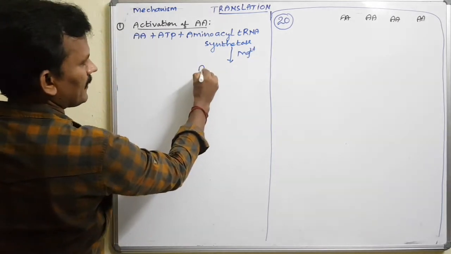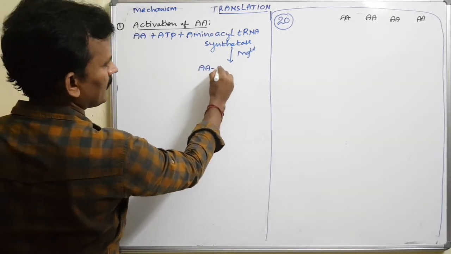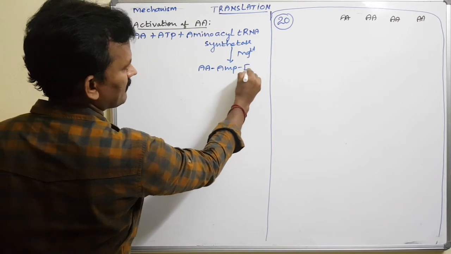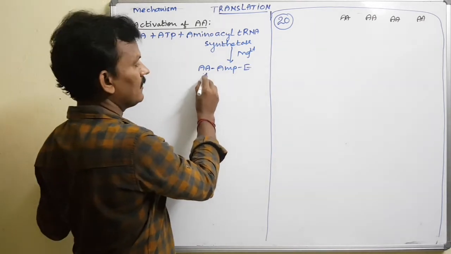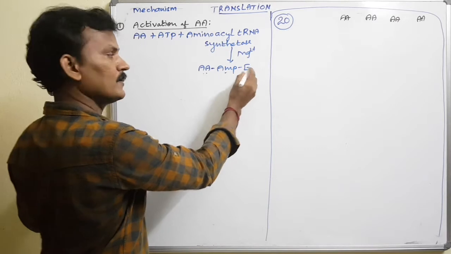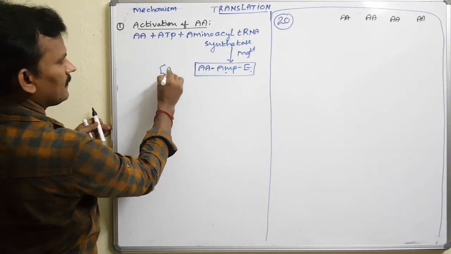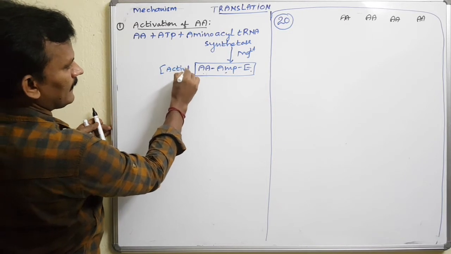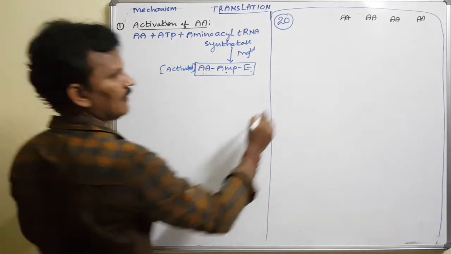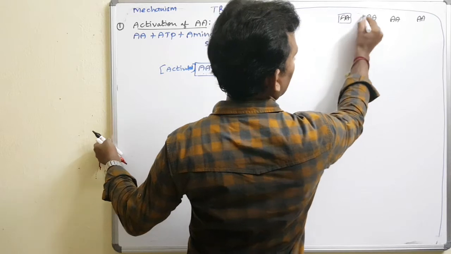It forms an aminoacyl-AMP enzyme complex, or aminoacyl adenylate enzyme. This is the product, which is an activated form. So all amino acids get activated.